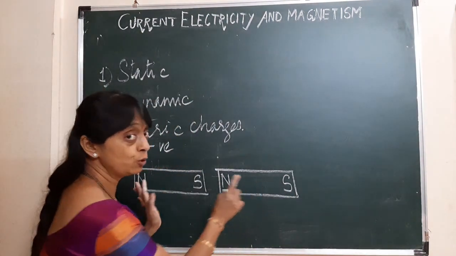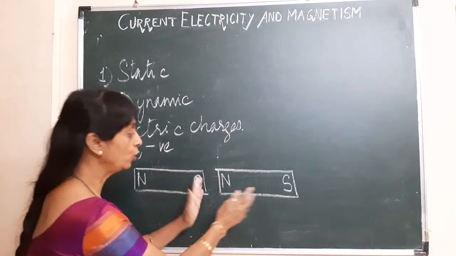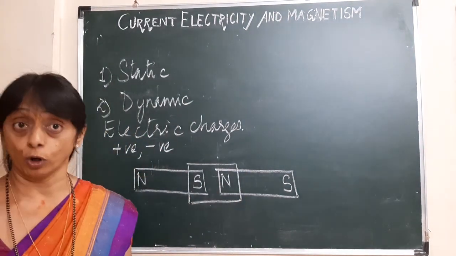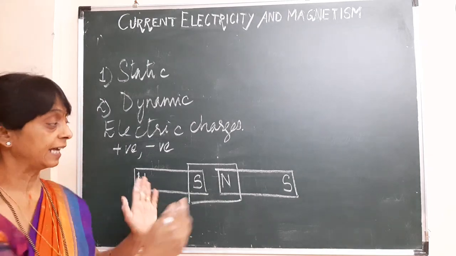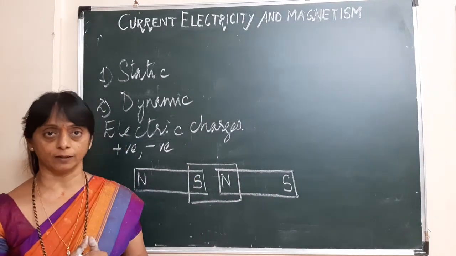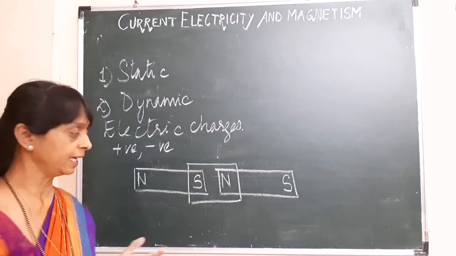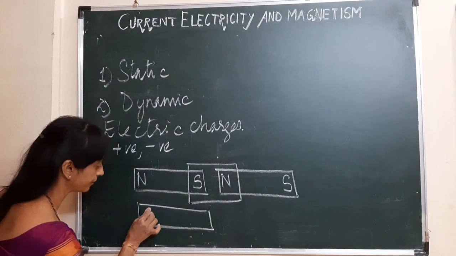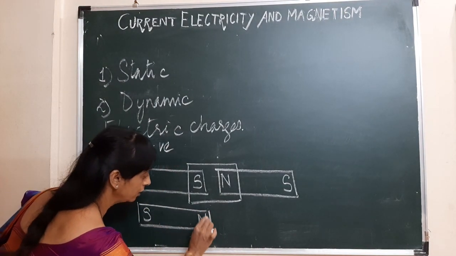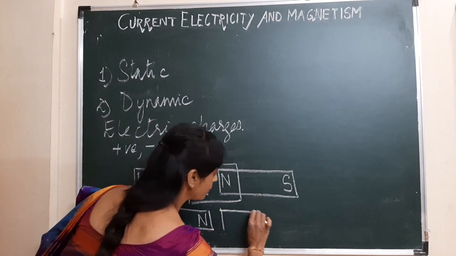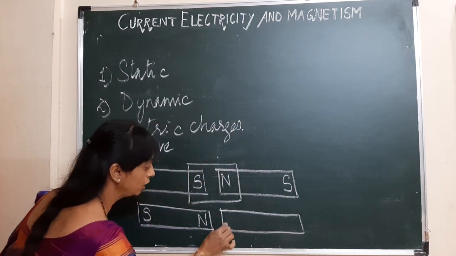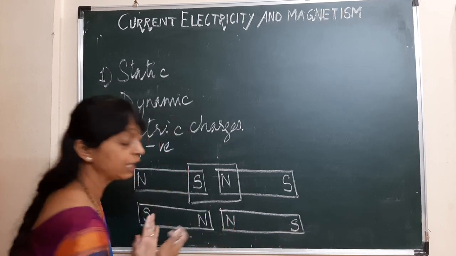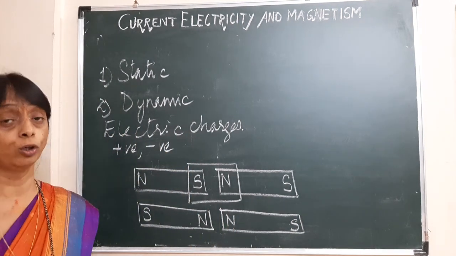Now when you take two magnets close to each other with opposite poles, what do we see? We see that they attract each other. But in the other case, if two magnets with the same poles, north and north, are facing each other and we try to bring them close to each other, what do we see?